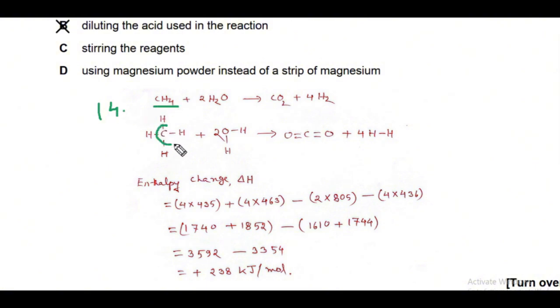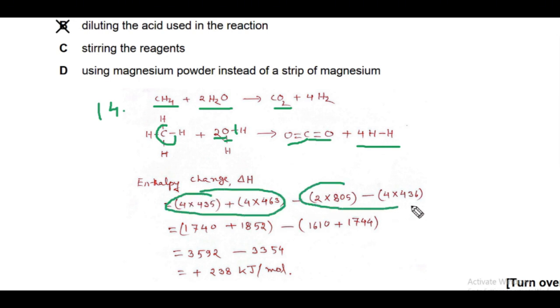Methane, 4 C-H bonds; 2 moles of water, 1 times 2, 4 O-H bonds; carbon dioxide, 2 carbon-oxygen double bonds; hydrogen, 4 H-H bonds. So bond broken minus bond formed, you get these values.